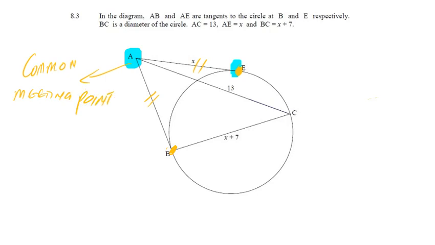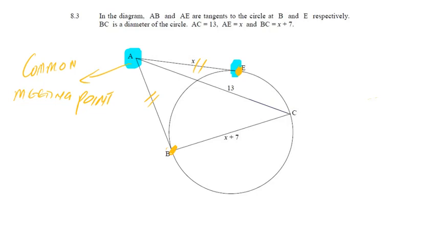So if you've got two tangents that are going to the same point, then it means their lengths are equal. The tangents are equal. Do you get my point? Okay.